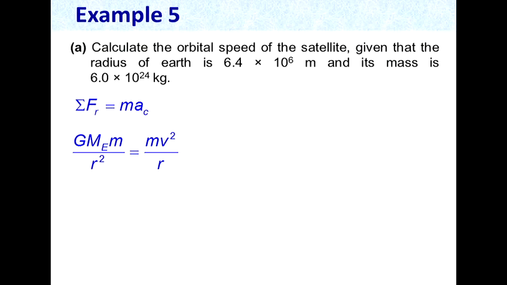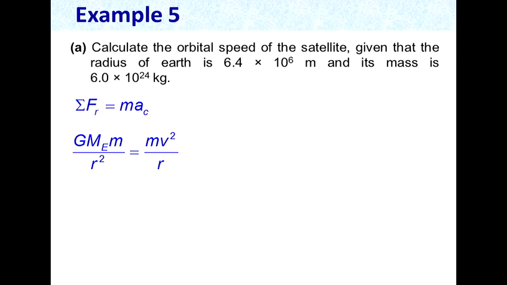If I look at the equation on the left-hand side, GMm over r squared, what is the meaning of this small r? What distance is this small r? The r is the distance between the two masses, center to center. Over on the right-hand side, mv squared over r, circular motion. What is the meaning of the r? It's the radius of the circular motion.